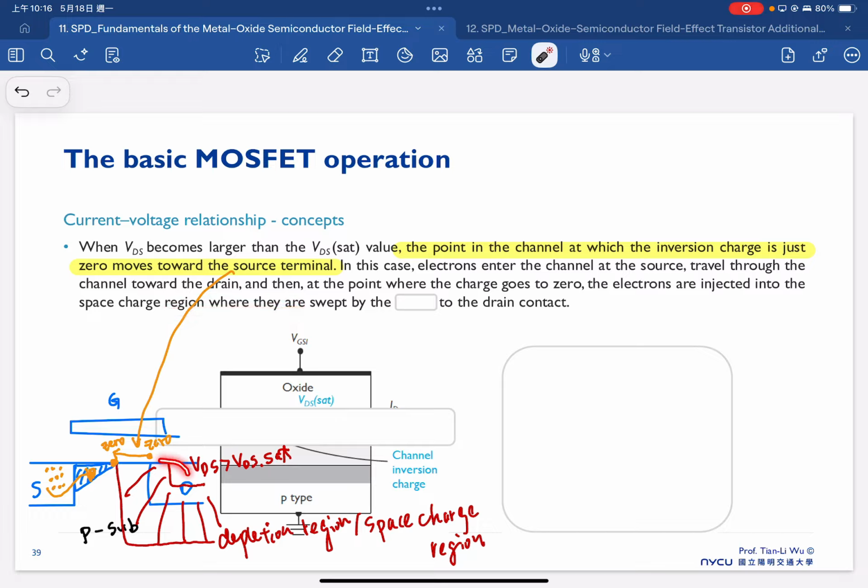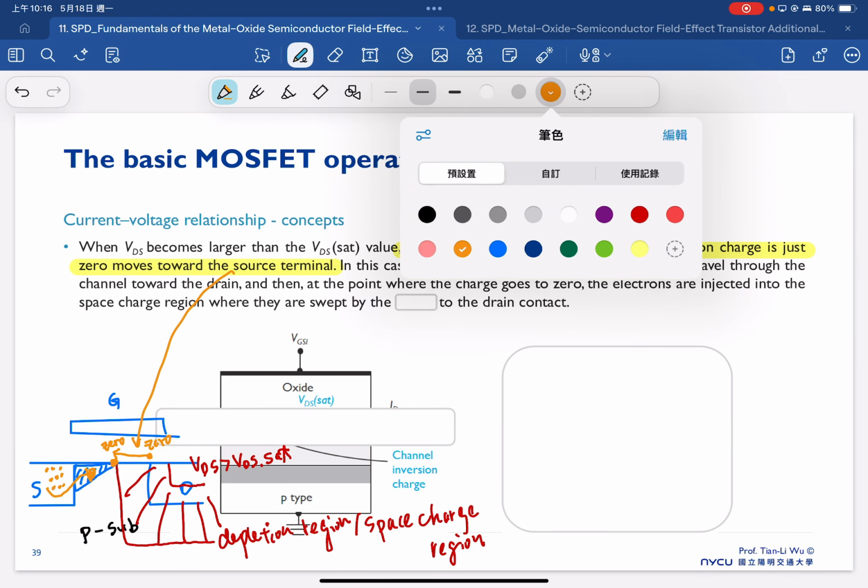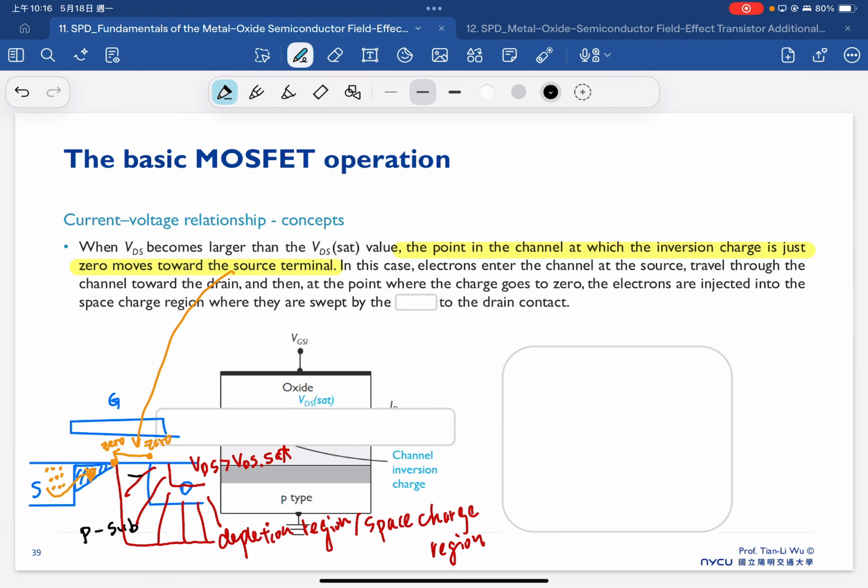Because right now we have the p-n junction here, we also have to take into account the internal electric field in this direction. So we have the E field in this direction. Therefore, the electrons first travel to this point and then are swept by the electric field and reach the drain side.